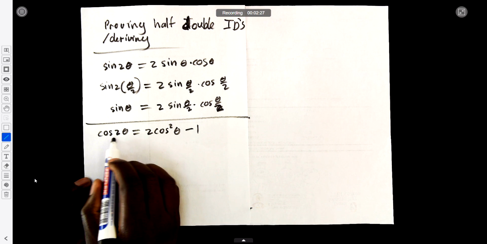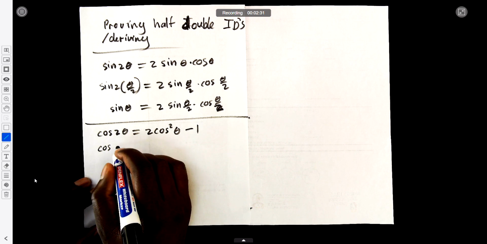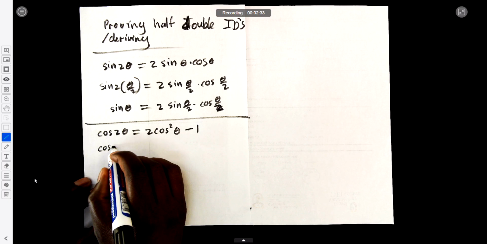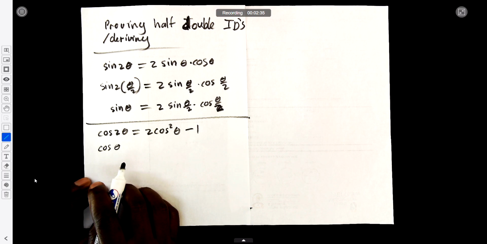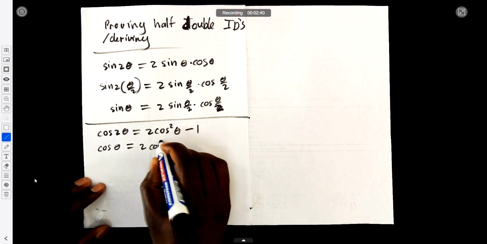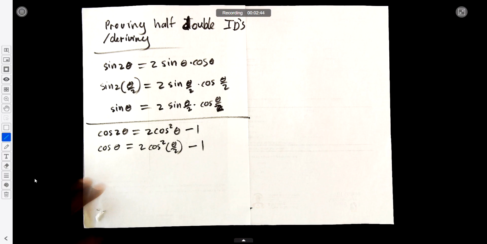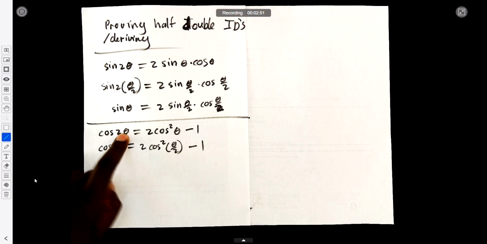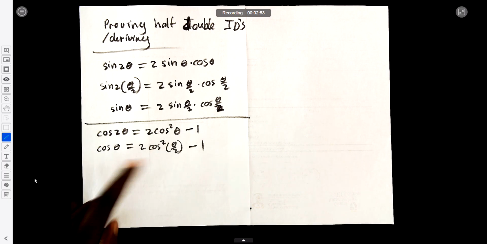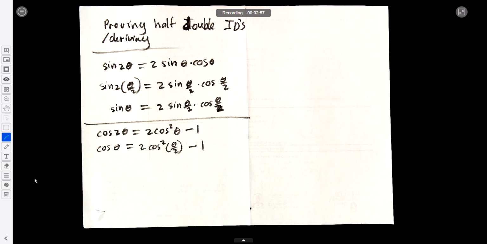If we have theta on this side, we'll have cos theta, isn't it? Therefore, it's equal to 2 cos squared, and we halve theta, therefore minus 1. We halve theta on the other side too. Because when we're substituting theta, if theta was 20, and we have halved it, we have half of 20 there and half of the 20 on the other side.